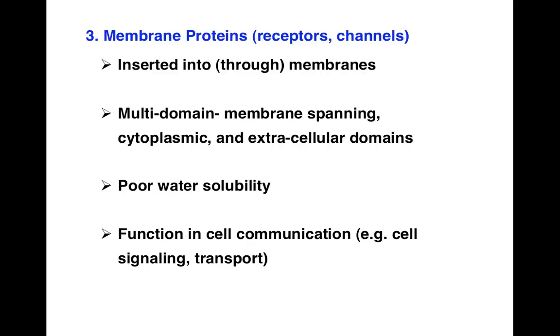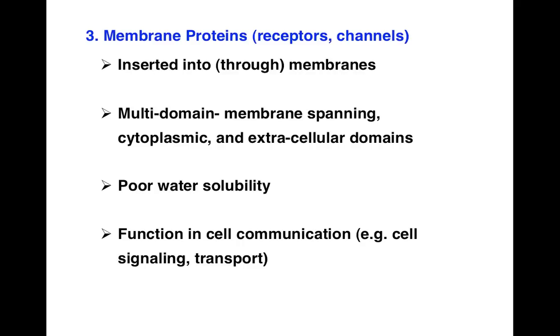Right, now the last one, membrane proteins, and I guess they will overlap with what we just did, but for instance, receptors and channels are inserted through membranes. They span the membrane. They could have extracellular domains and so on.